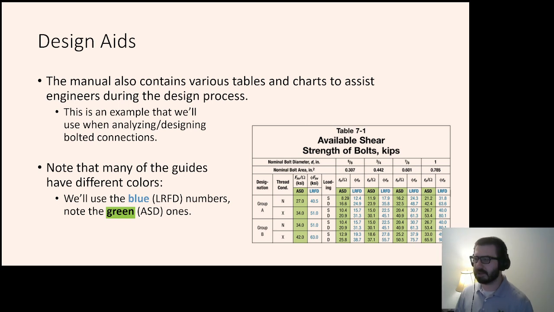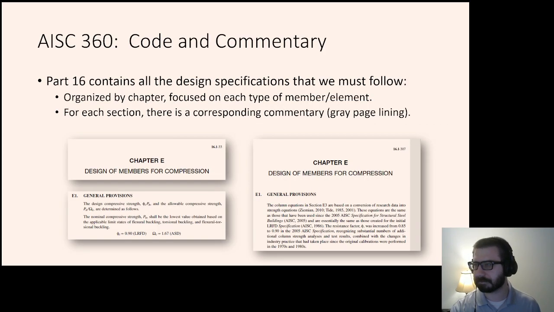And fortunately, because it's color-coded for us, we're just looking at the blue numbers, because the blue numbers are associated with LRFD, which is going to be the design philosophy that we utilize in this course. If for some reason you wanted to use ASD, you just look up the numbers associated with ASD, and it'd be that simple. It's usually not that hard to keep track of, but just be cognizant of that.